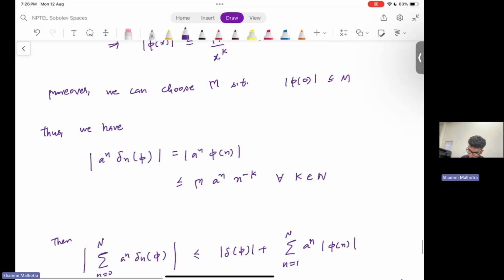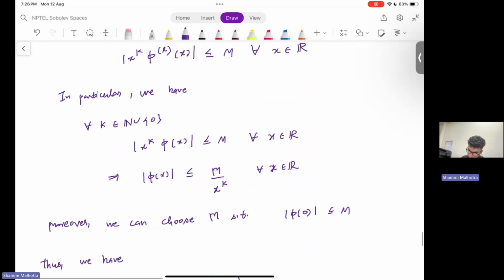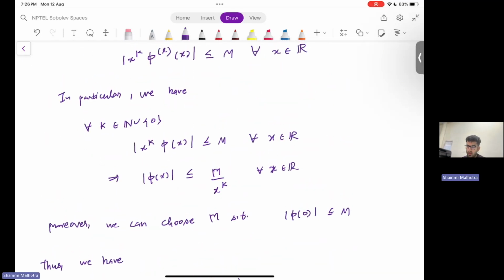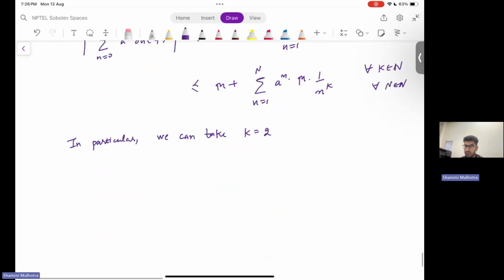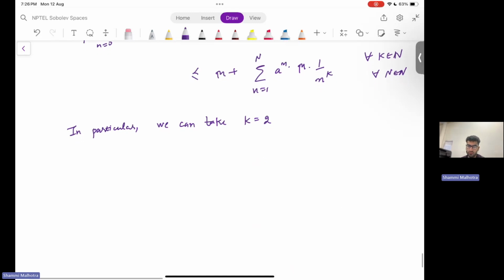Here M depends on k as well as the phi we are taking, but since we are fixing phi and now fixing k as well, this M is a fixed constant.